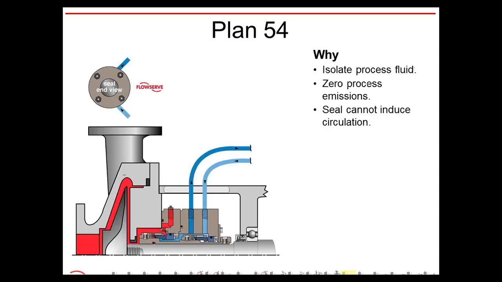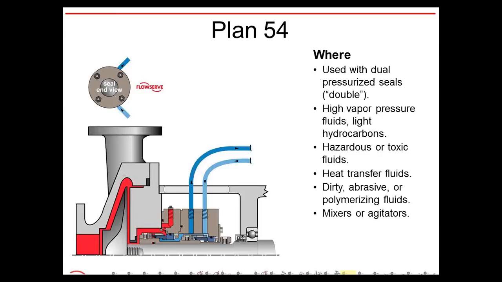It's a pressurized system, so you're always pushing fluid into the process. Again, the seal cannot induce any circulation, so you don't want to have any pumping ring in there. Again, used in the same type of applications that you'd see with a Plan 53A or B or any of the pressurized systems.